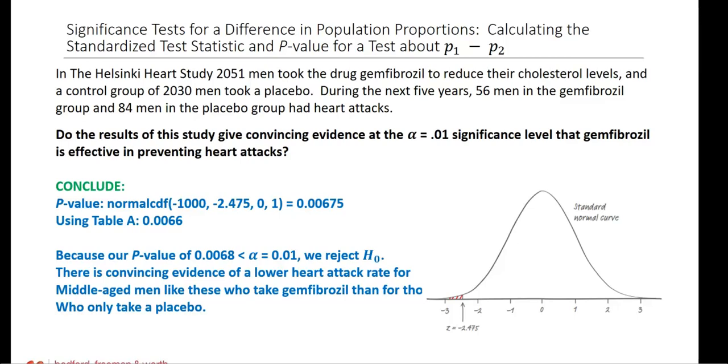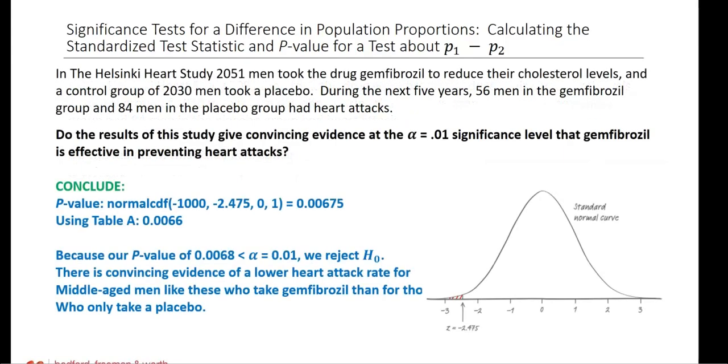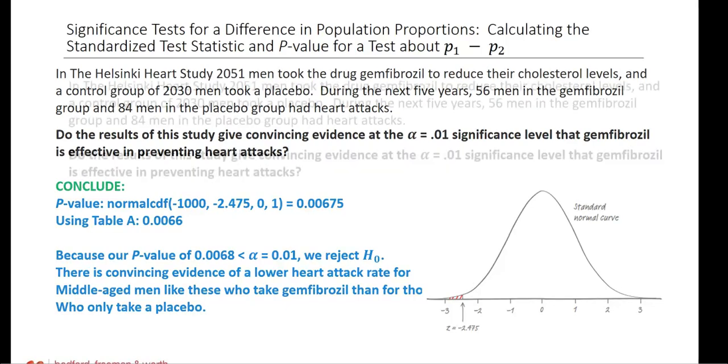Do the results give convincing evidence that it is effective? Wait, I thought we just did that. Oh, interpret the p-value. So assuming the null is true, assuming that there is no difference between the placebo and the Gemfibrozil drug, then there's a 0.68% chance of getting a result that we got or more extreme.